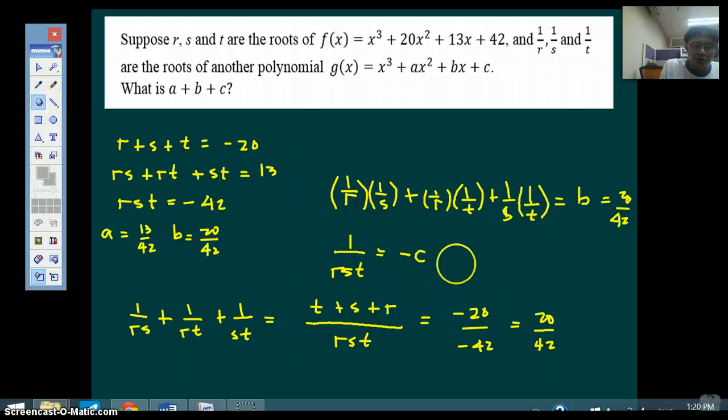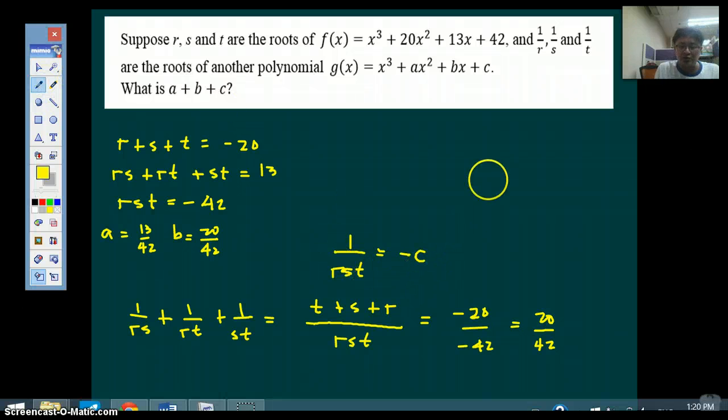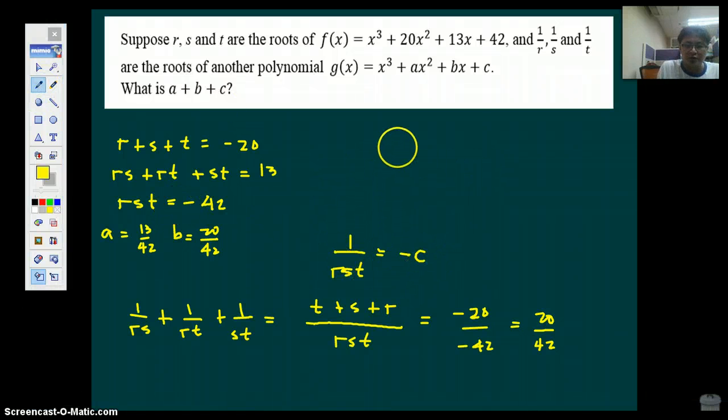Now to get the value of the last one, which is the easiest, 1 over rst is simply negative c, and we know that rst is negative 42. So 1 over negative 42 is equal to negative c, therefore c equals 1 over 42. Simple as that.